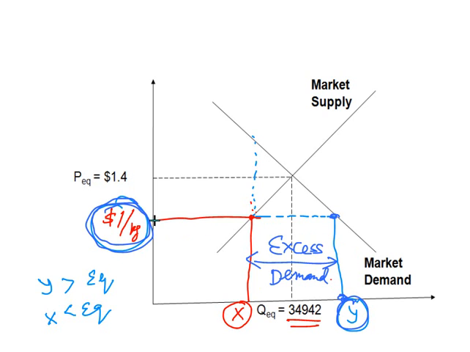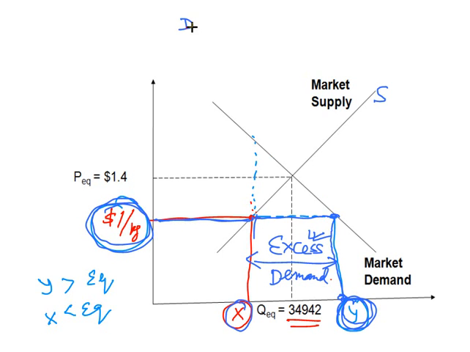So you take $1, extend this point and drop it down, and you get the quantity demanded. Extend $1 to the supply, drop it down, and you get the quantity supplied. Now when you have excess demand, what happens? Think about going to a cricket match.